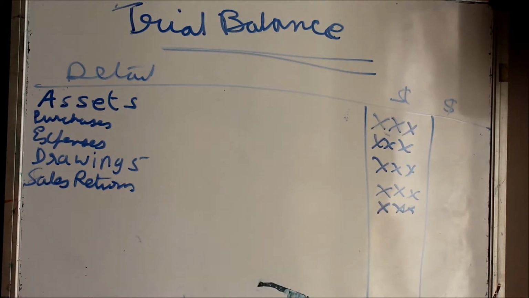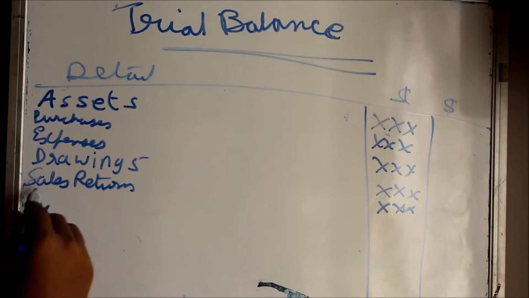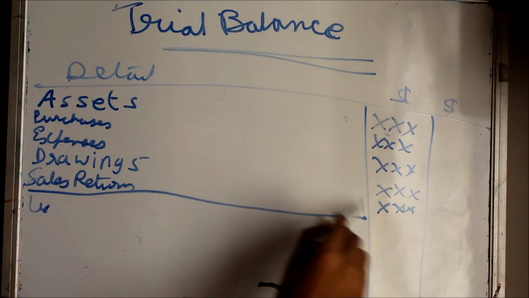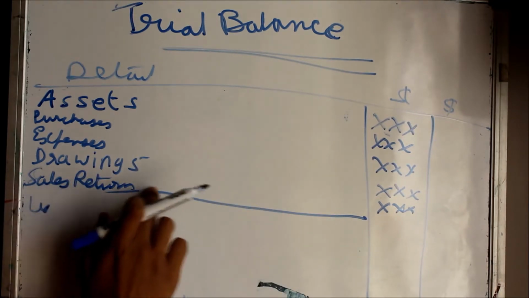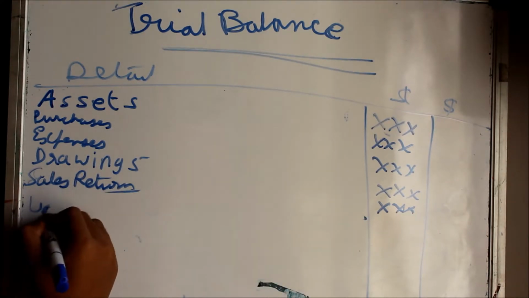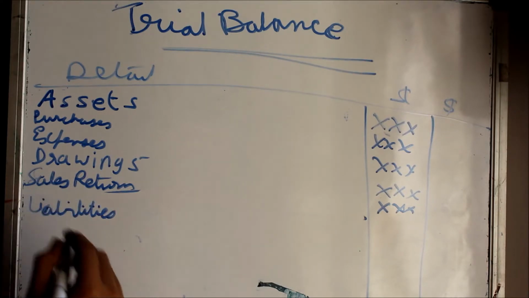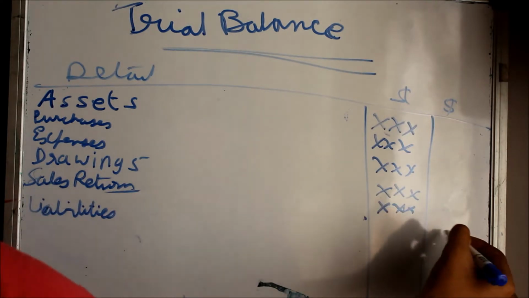Now the entries which come on the credit side are liabilities. I'm just going to make a line over here. You don't have to make a line, you write all of them continuously. I'm going to write liabilities on the credit side.